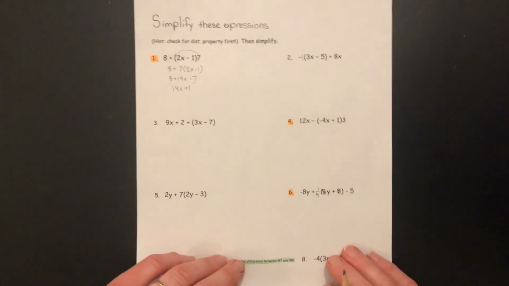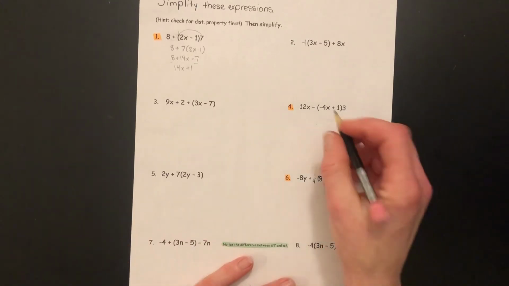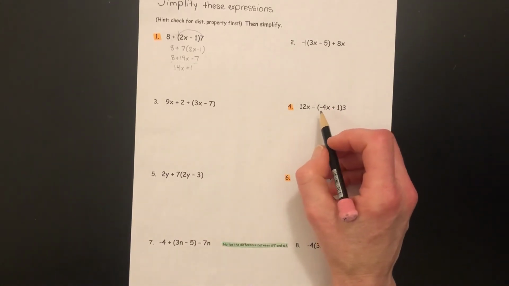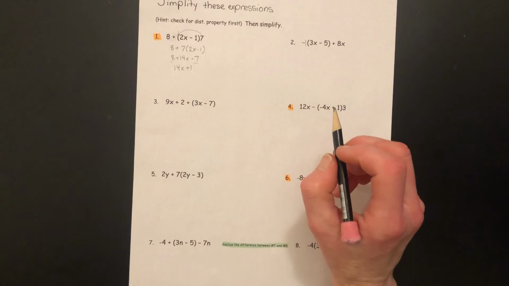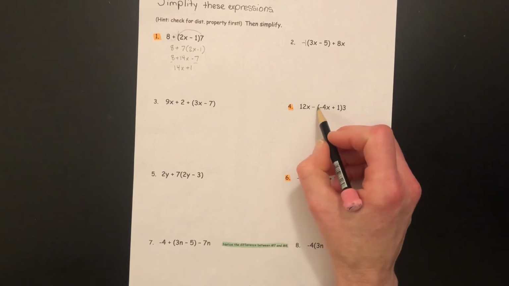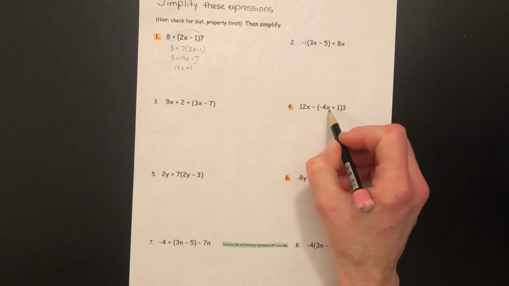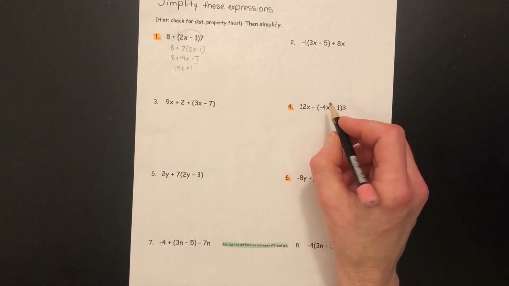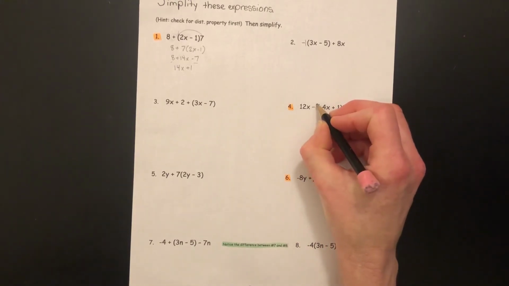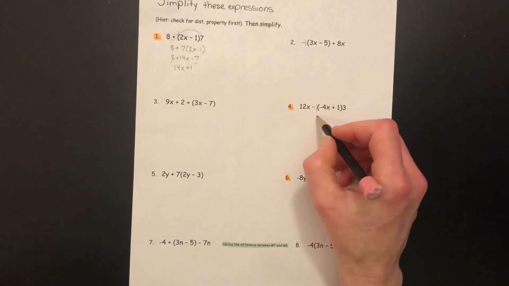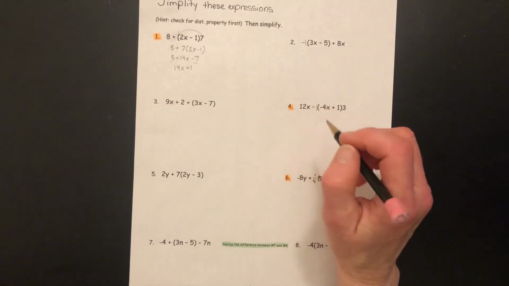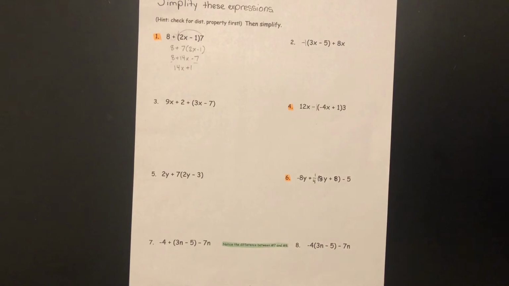Number 4, I chose this one because also you have no number in front of the parentheses. When you have a minus in front of the parentheses, it's really good to just go ahead and stick a 1 there, like I did up here, and then you can just distribute the -1.